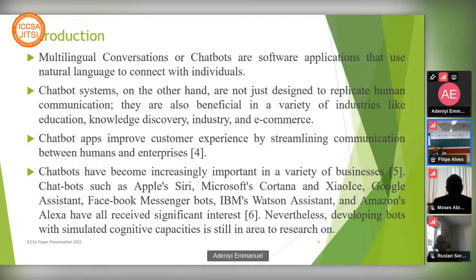Moses, Adini. What is our session now? Let me check the other one.